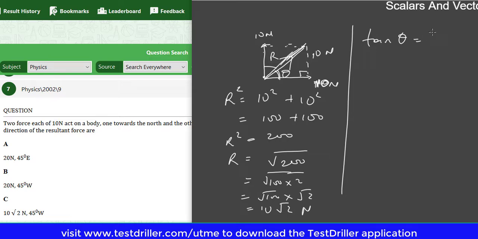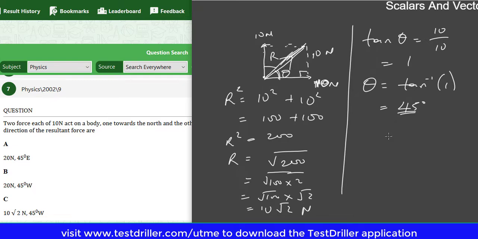So tan theta is opposite, which is 10, over adjacent, which is 10 as well. So this will give 1. So if tan theta is equal to 1, then theta is tan inverse of 1, which gives 45 degrees. So this means theta is 45 degrees. So now what can we say about direction? We can say that the direction is 45 degrees, because if this is 45 degrees, this other side is 45 degrees.